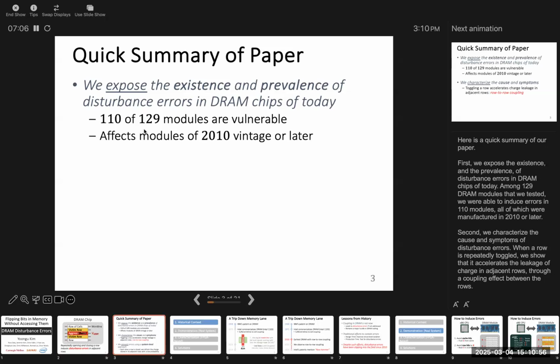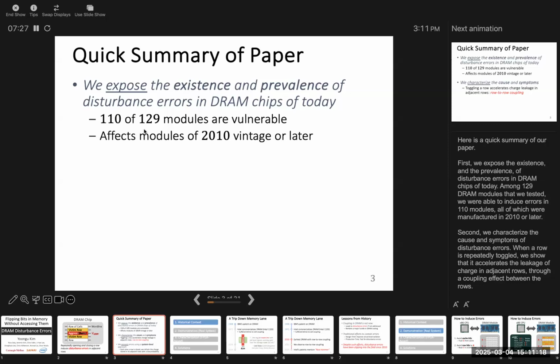Before them, people had reported it, but only in fringe cases. It was not a widespread thing. They are the first to expose it in commodity DRAM chips, and the first to demonstrate how a very simple program can induce errors in the neighboring victim rows and so on.